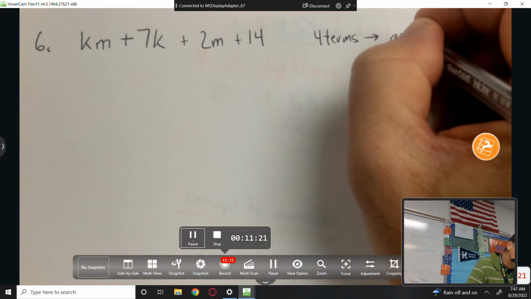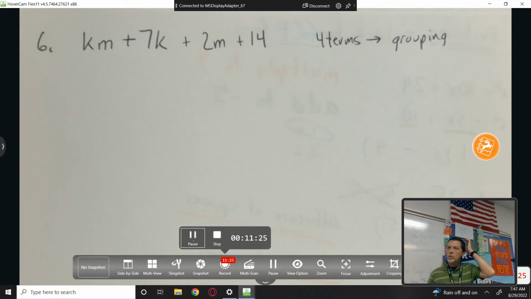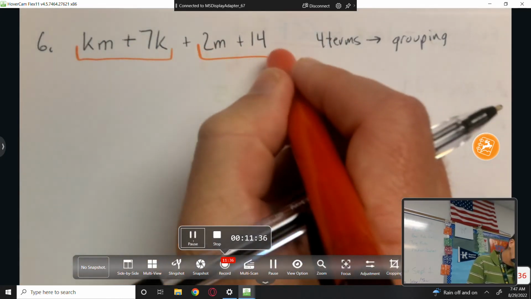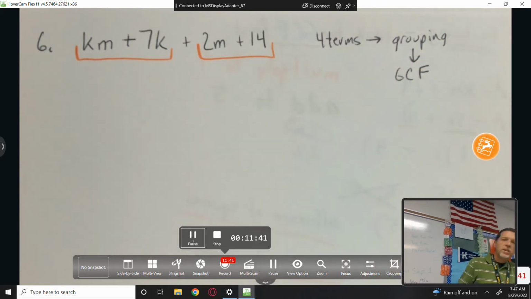Anytime there's 4 terms, we'll use grouping. Anytime there's 4 terms, we'll group them together and kind of see what happens after that. In fact, after we group them, then we'll do GCF.